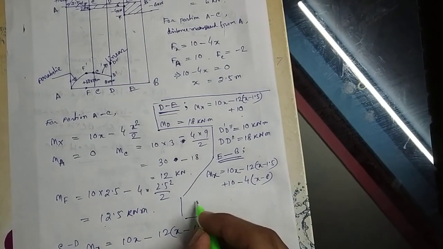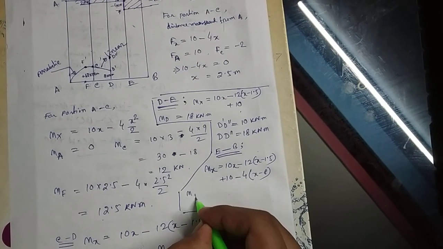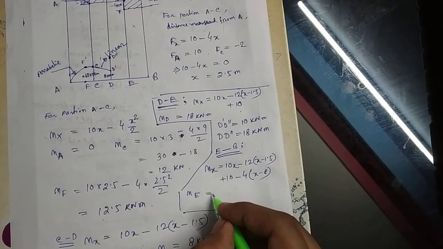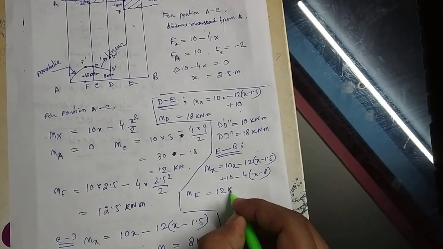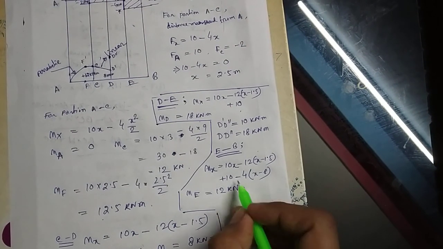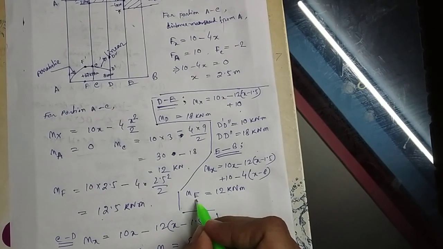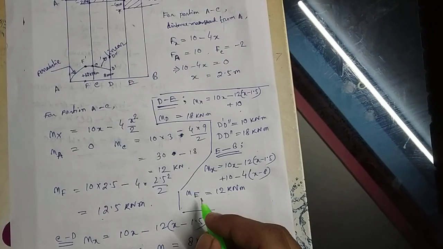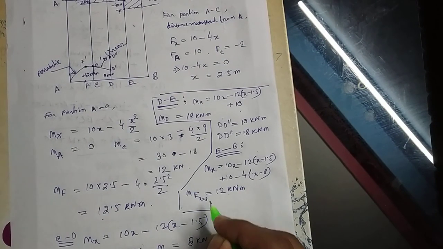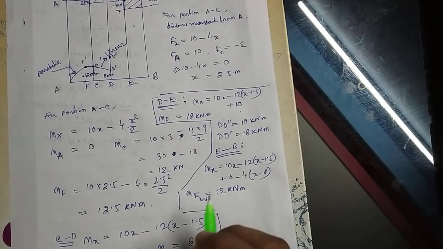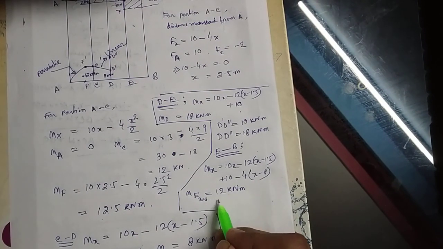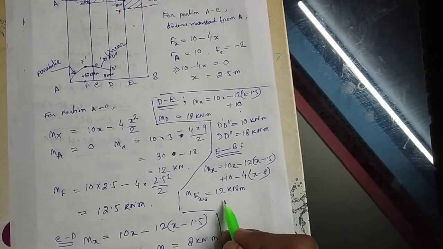So in such case, ME at x equal to 8 will be found out. Location of E from A is at a distance of 8 meters. So we put x equal to 8 and we will get ME is 12 kilonewton meter.